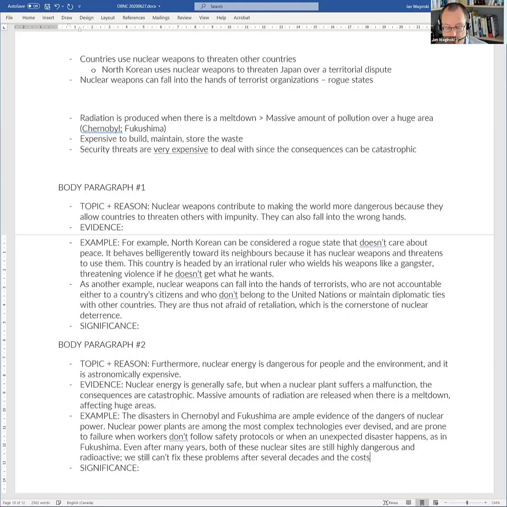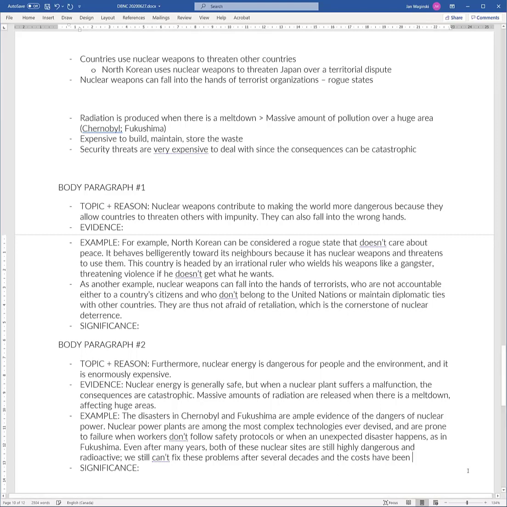And the costs have been, we've already used the word astronomical. Let's just move that word. Furthermore, it has been enormously, or extremely, expensive.